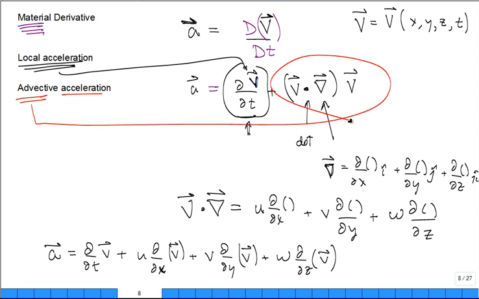As it sweeps from that location to a new location, does it increase or decrease its speed? Does it accelerate or decelerate? Okay, that's advective. Advective is probably a term you're not used to, but it's being swept.